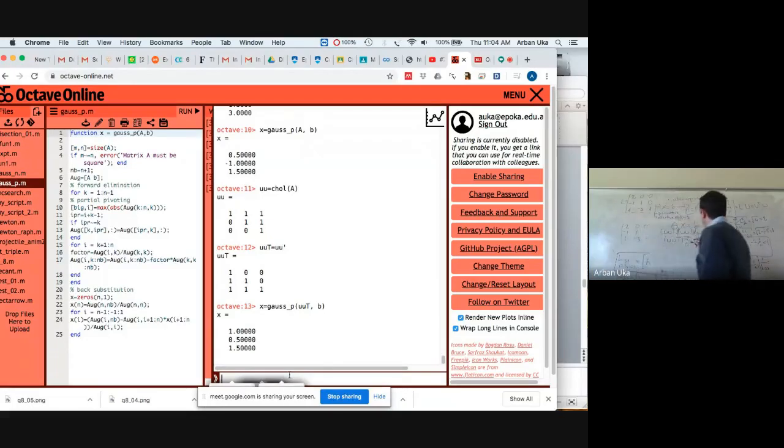So here we find that the unknown vector Y is equal to 1, 0.5, and 1.5.